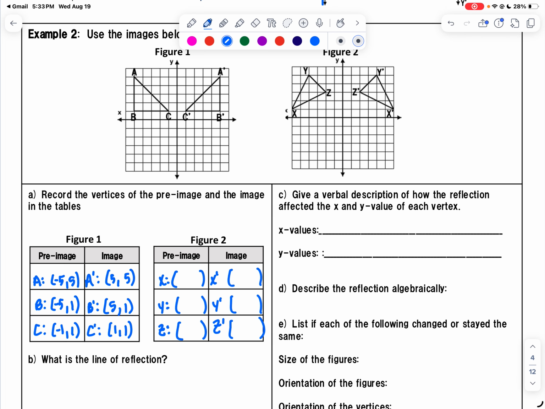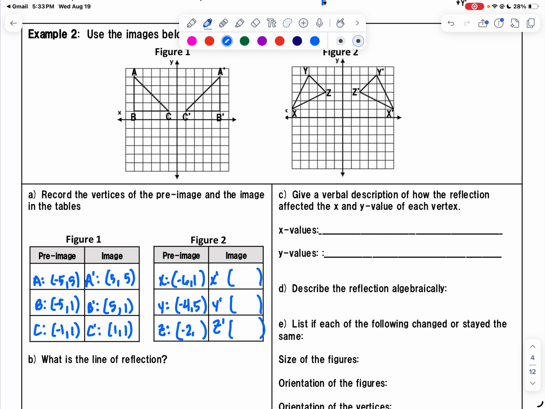All right, welcome back. Let's see how you did. So for point X, left 6, up 1, so negative 6, 1. Point Y, left 4, up 5, so negative 4, 5. And point Z, left 2 and up 3.